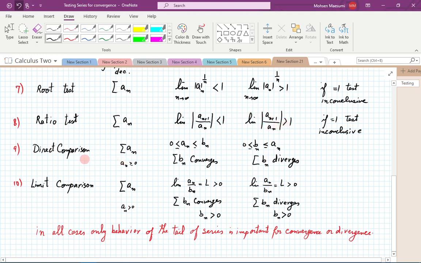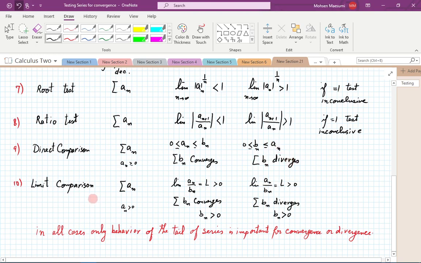We had the direct comparison test. It's for a positive series. If you have another series that converges and whose terms are larger than those of the series we are looking at, then our series is going to converge. On the other hand, if we have another series whose terms are less than the elements of our series, and that one diverges, then our series is going to diverge as well.